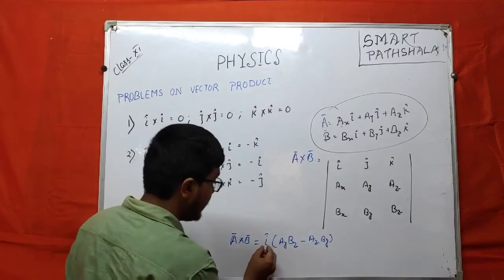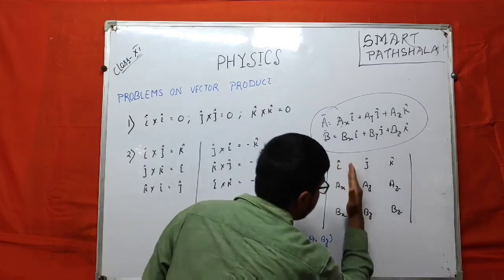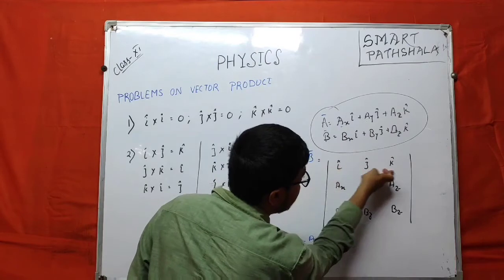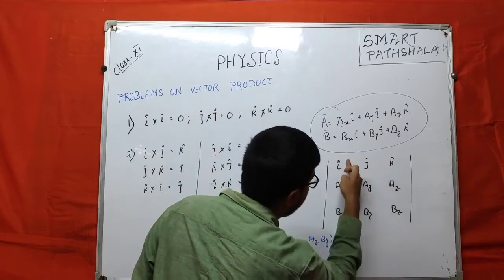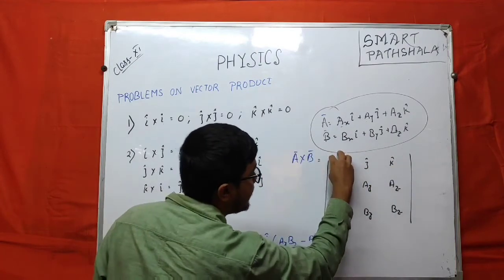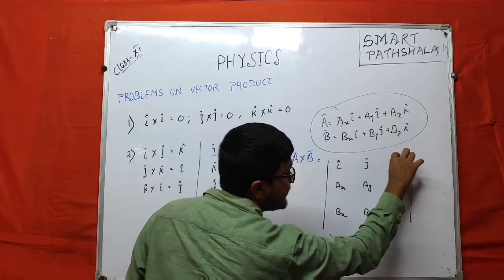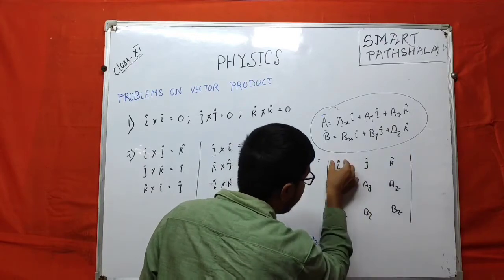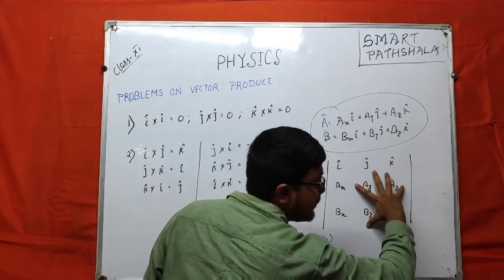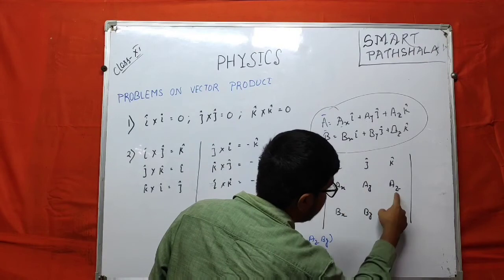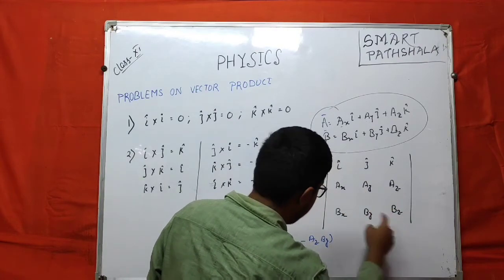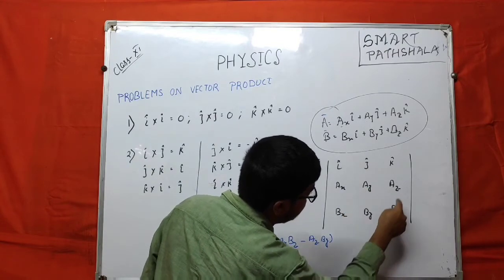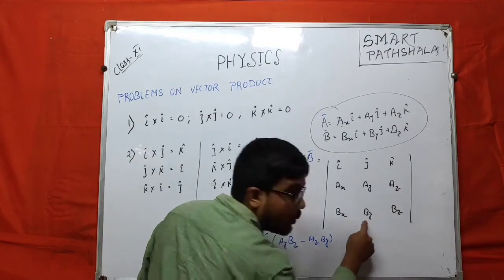When you are taking the I cap, then remove the side parallel and perpendicular to it. That means when you are taking I cap, you will have to delete the row along I and the column along I. What are the remaining? That is AY, AZ, BY, BZ. Then to determine, just cross multiply: AY BZ minus AZ BY.